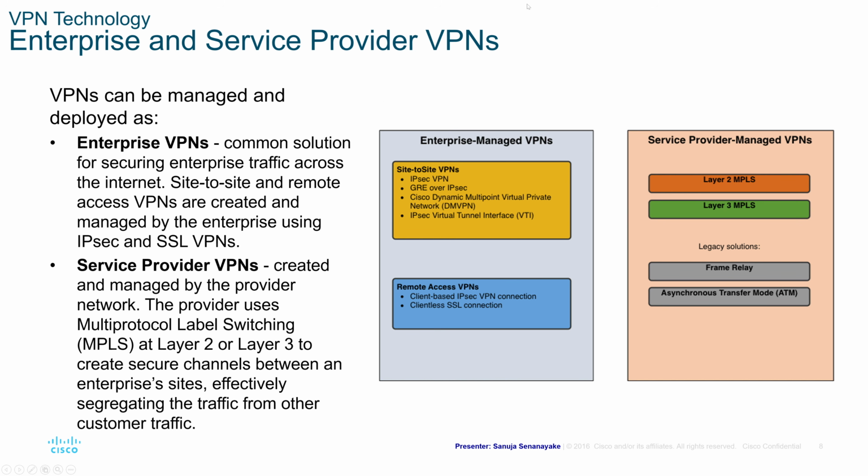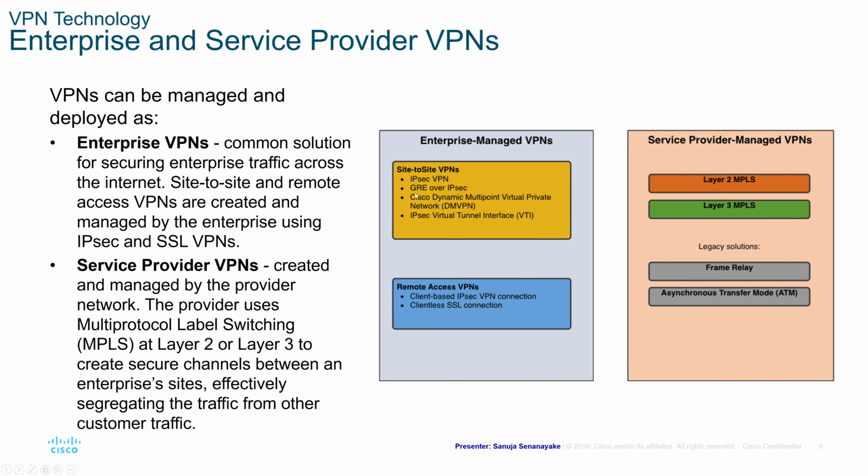So make sure that you know the difference between the enterprise VPN and the service provider VPN. On the right hand side, there is a brief summary of that in a graphical format. You can see the enterprise managed VPNs have a site-to-site option, as well as the remote access VPN option. Remember, I already explained how site-to-site works.